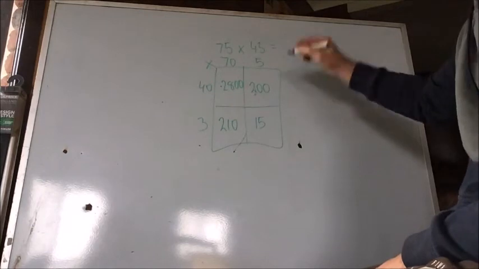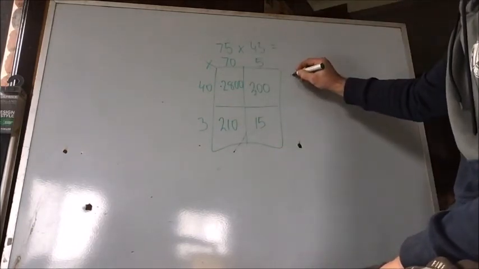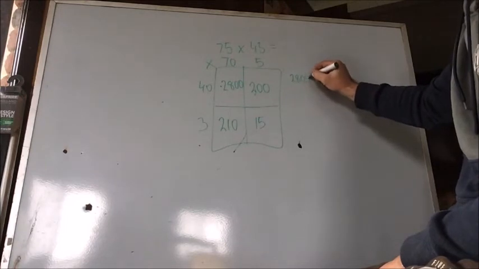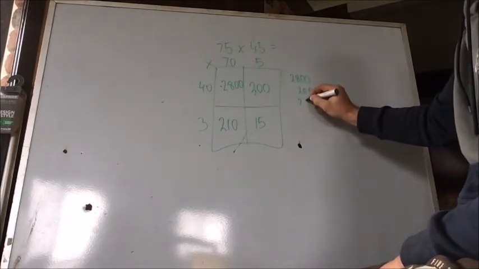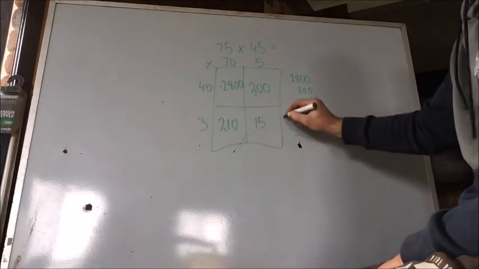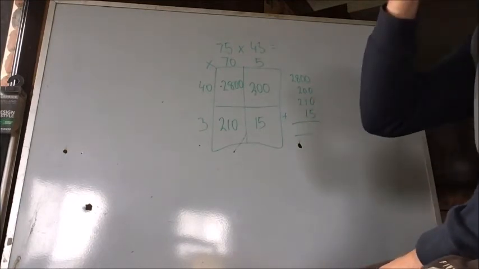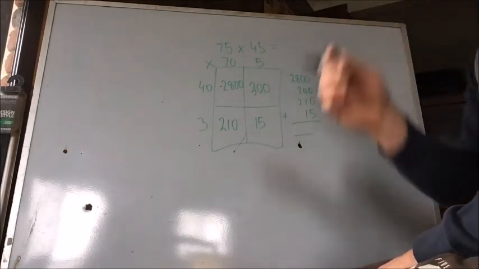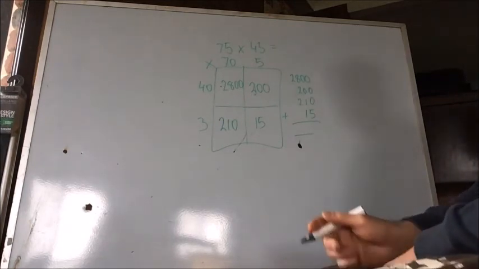Now what we need to do is we need to use our addition skills. So 2,800 plus 200 plus 210 plus 15. Remembering, all these have to be in their place value. Because if they're out of their place value, not even remotely close to a correct answer.